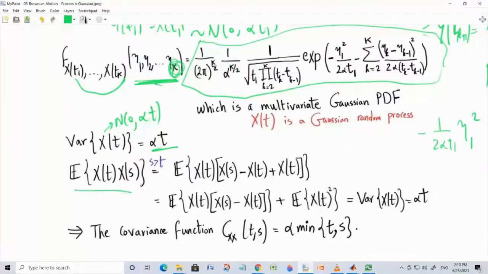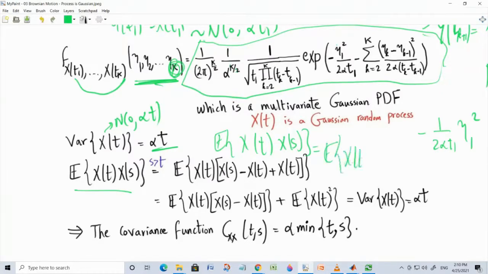If you want to compute the covariance function of the process, not a problem. We did this trick previously. You want the expectation of x of t and x of s, and s is greater than t. Well, x of s and x of t are dependent. But the trick is, you want to exploit this independent increment property.